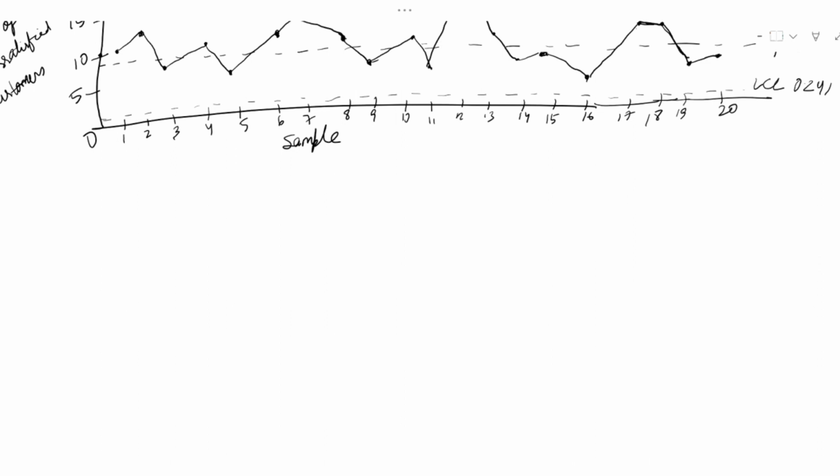So from this chart we see that sample 12 plots above the upper control limit. It indicates an out of control state.